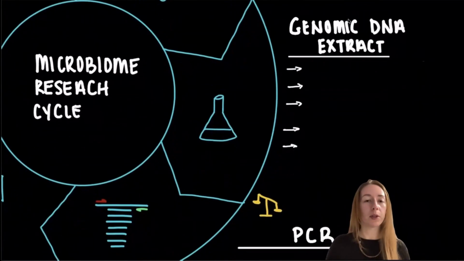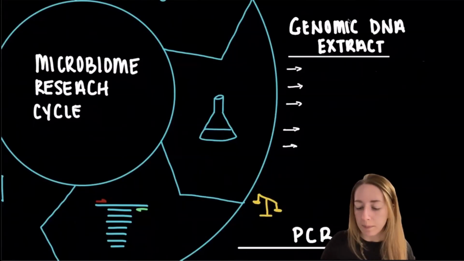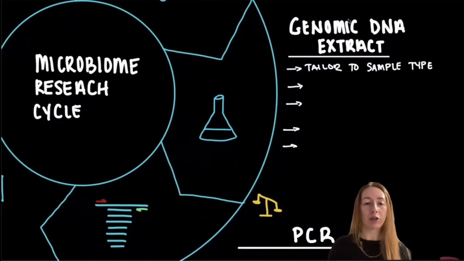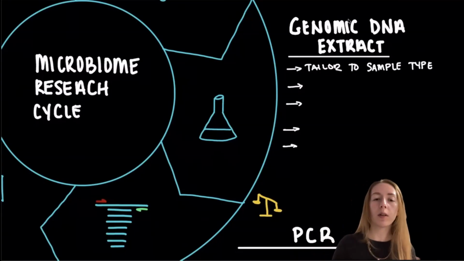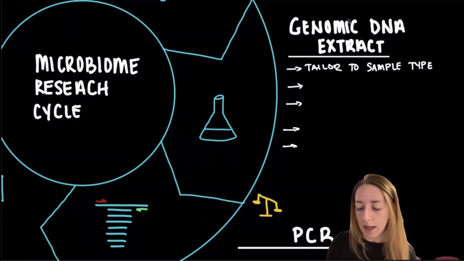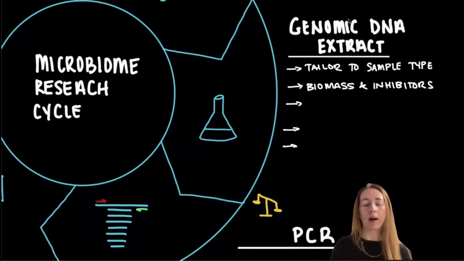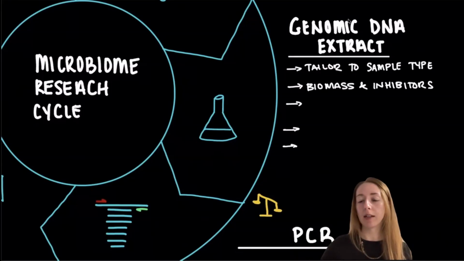And then we're off to extract the DNA from the microbes in our sample. Okay, so we want to tailor the DNA extraction method to the sample type. So there are specific kits for soil and specific kits for human stool, things like that, that are available. Things to keep in mind are the amount of biomass you'll find in your sample, or if there's any potential inhibitors that might prevent, let's say, PCR down the line.